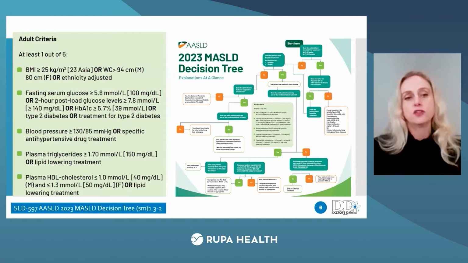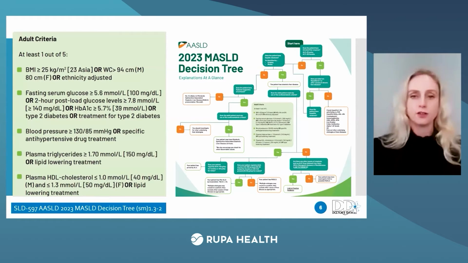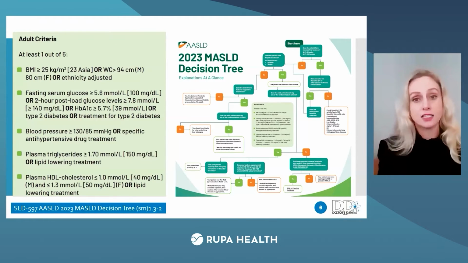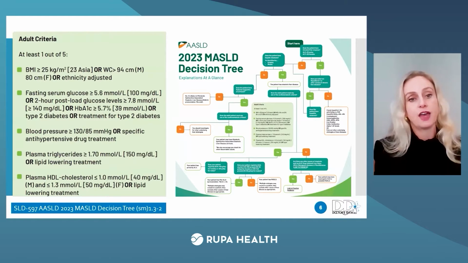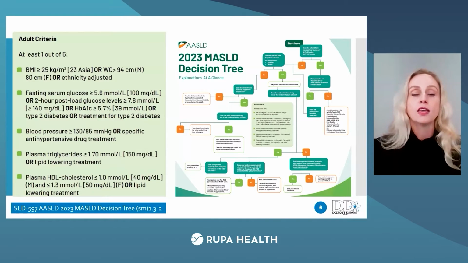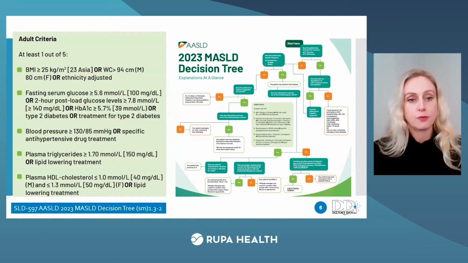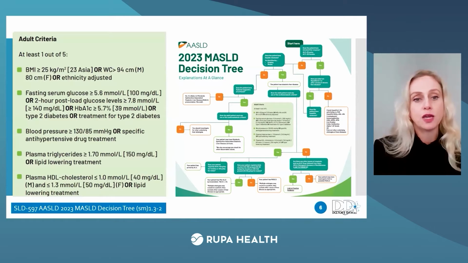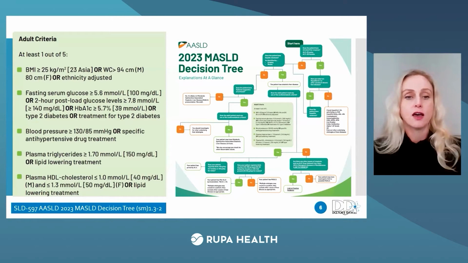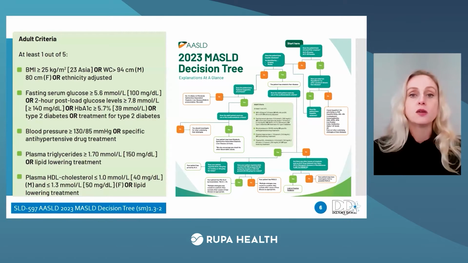It's just showing us that individuals of a certain BMI generally fall under this category of excess visceral adiposity and excess liver fat. The second consideration is fasting serum glucose greater than 100 or hemoglobin A1C greater than 5.7, a diagnosis of type 2 diabetes, or treatment for diabetes mellitus. Any one of those is the second criteria. The third criteria is hypertension.